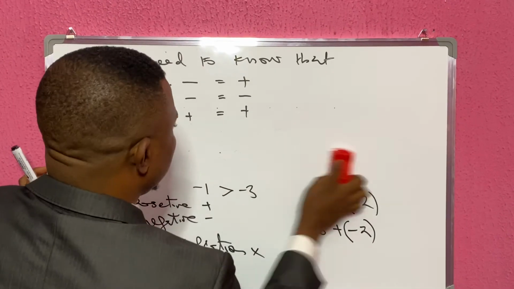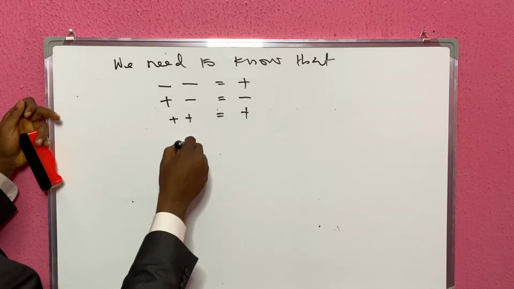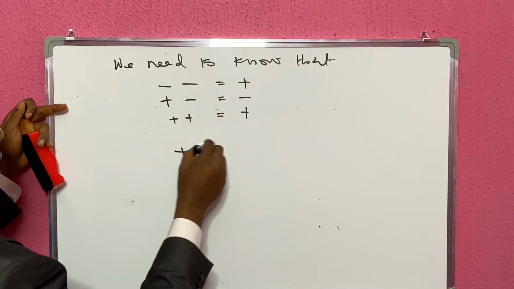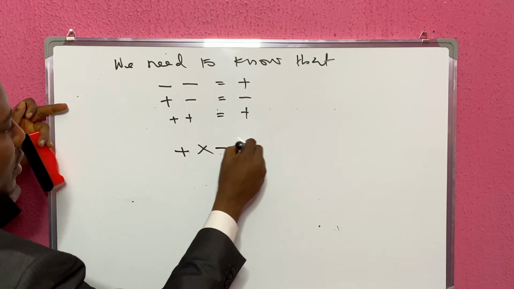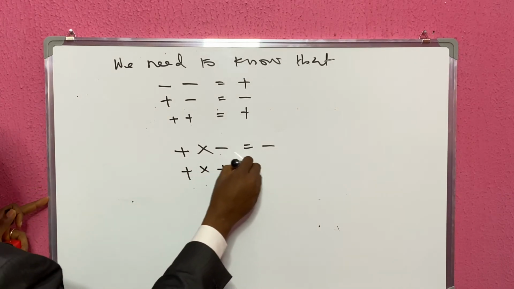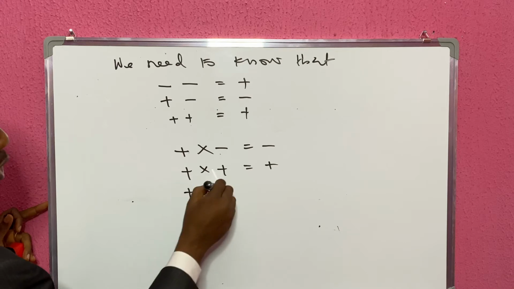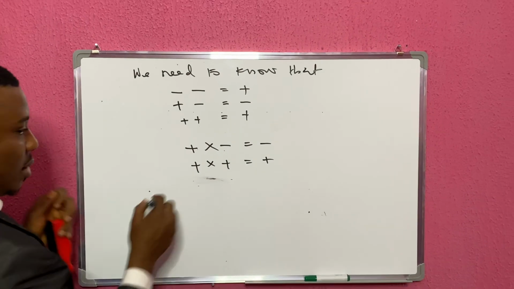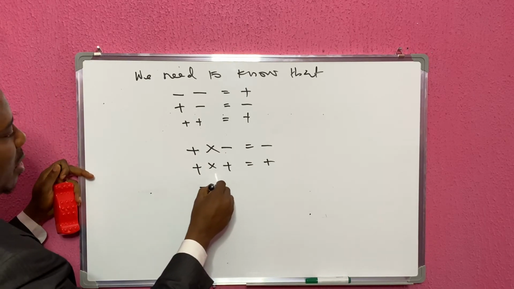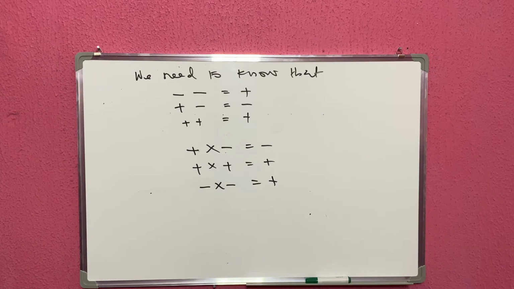Also, we need to know that minus multiplied by plus, or plus multiplied by minus, will give us minus, and plus multiplied by plus will give us plus, and minus multiplied by minus will give us plus as well.